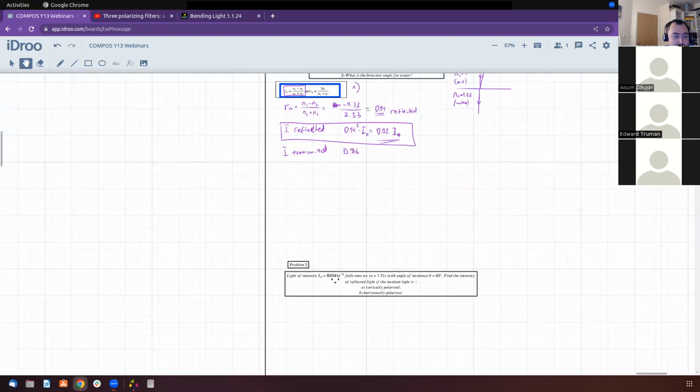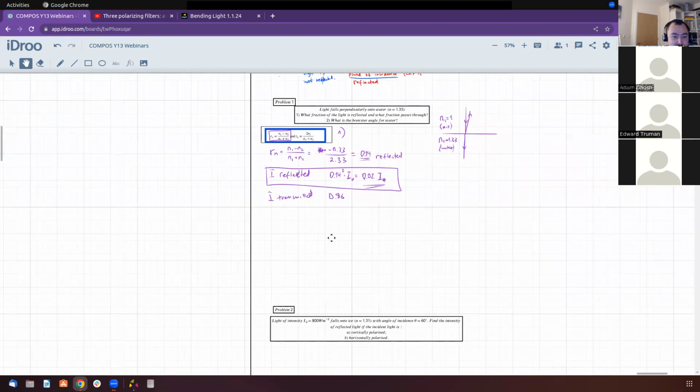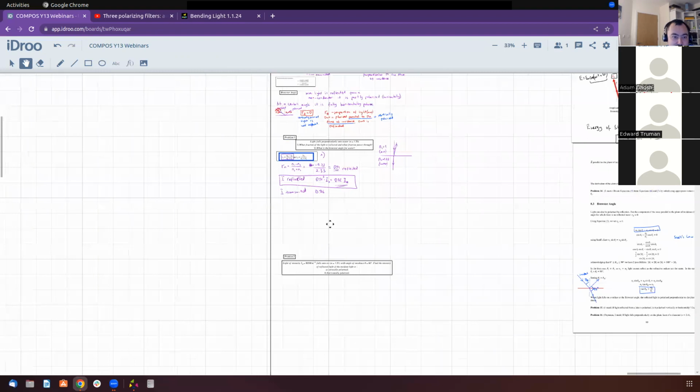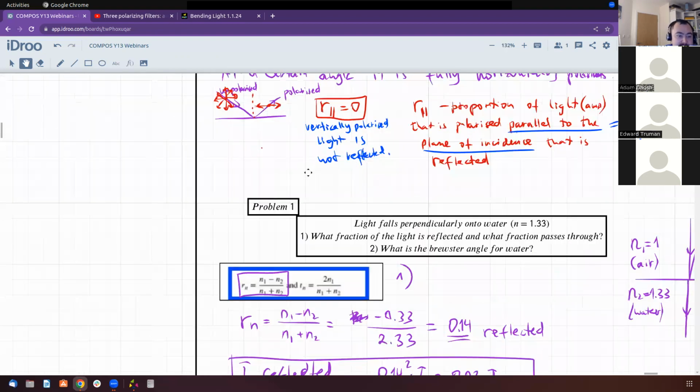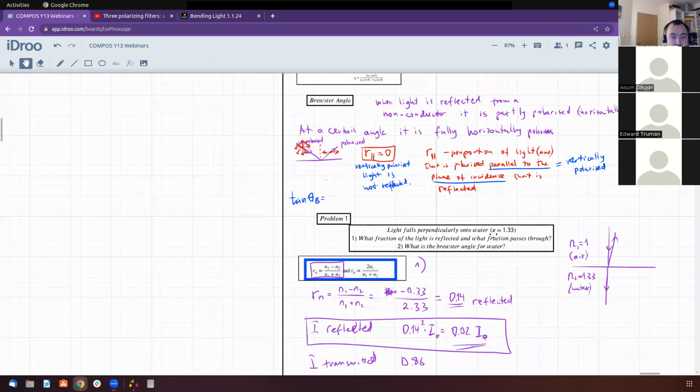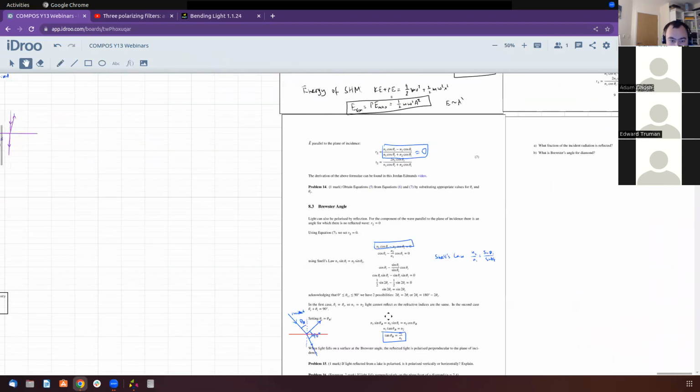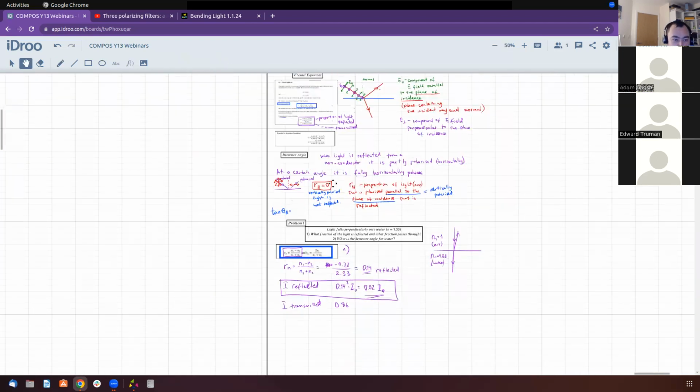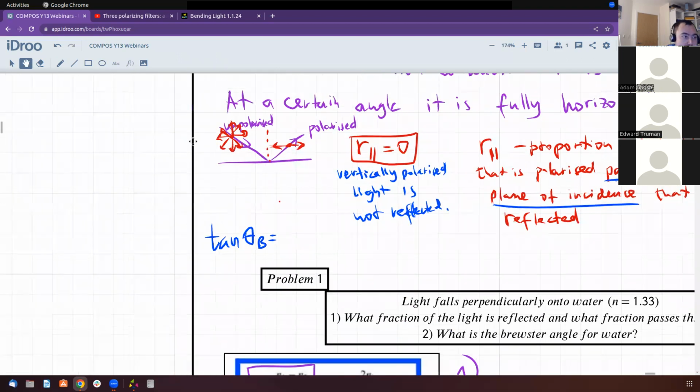Yeah, so the tangent of the Brewster angle is n2 over n1.